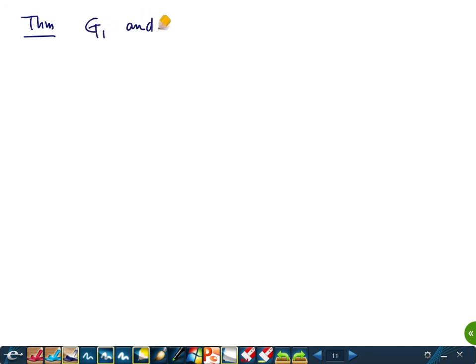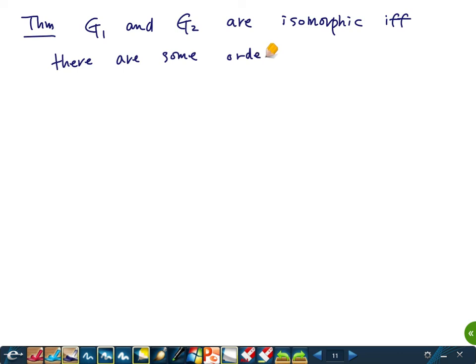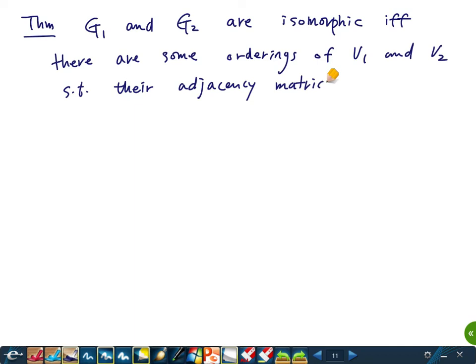G1 and G2 are isomorphic if and only if there is some ordering of V1 and V2 such that their adjacency matrices are equal.